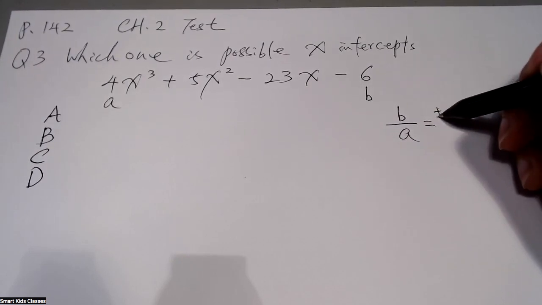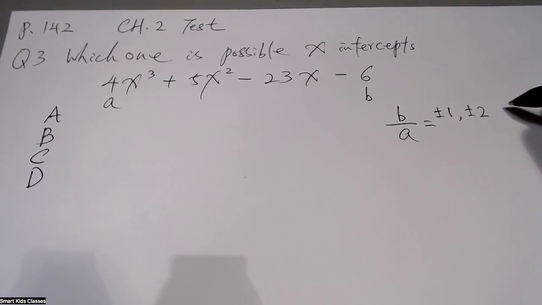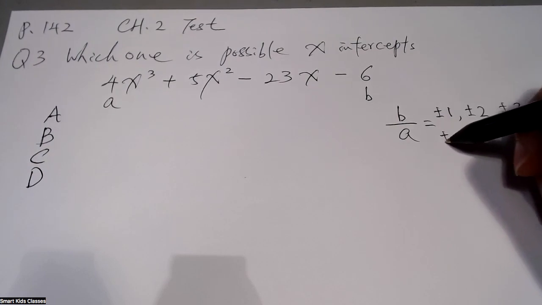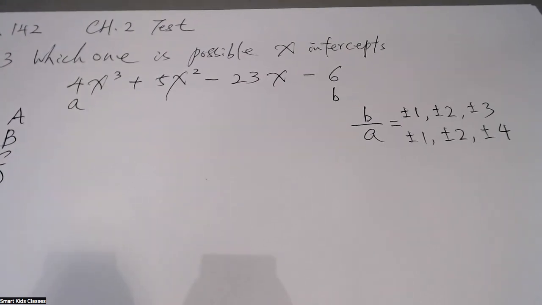Positive and negative 1, positive and negative 2, and positive and negative 3. How about A? A is going to be positive and negative 1, positive and negative 2, positive and negative 4. So now we are going to test.